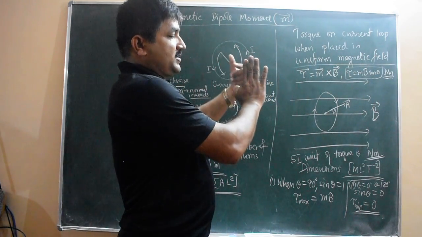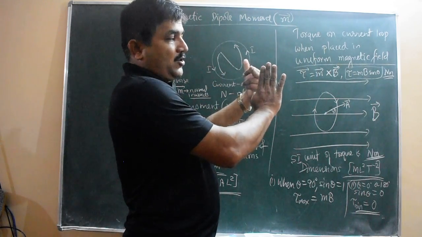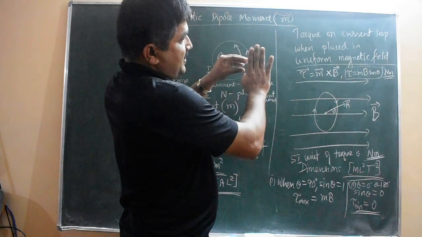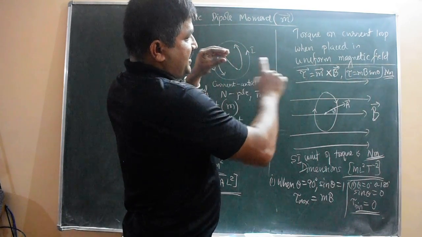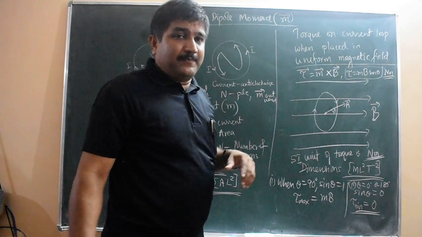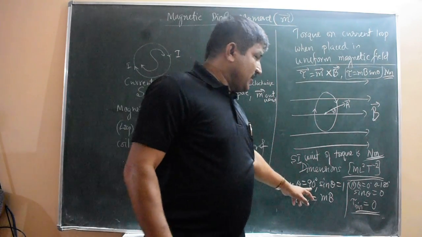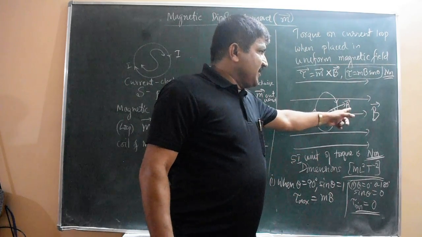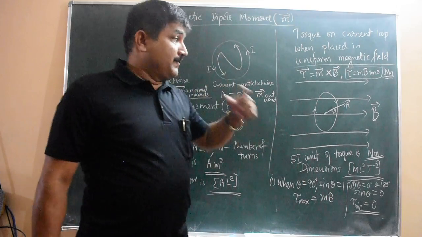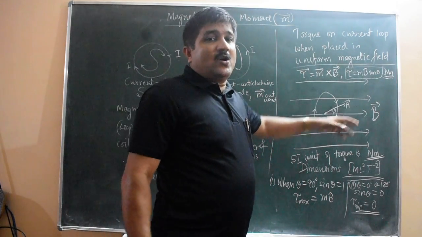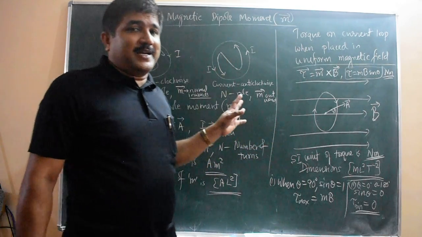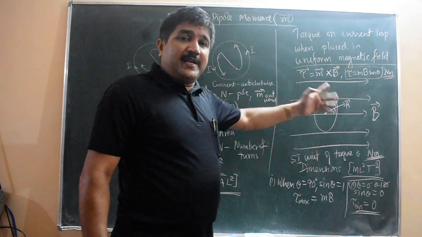Then theta, for this case, the area vector is normal this way and the field is this way, right side. So what happens? The angle between the area vector and the magnetic field is 90 degrees. So theta is 90. You can also say the magnetic field B is perpendicular to the area vector, or the plane of the current carrying loop is along the direction of the field.